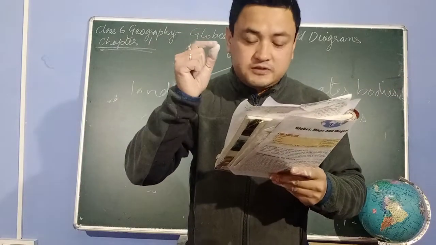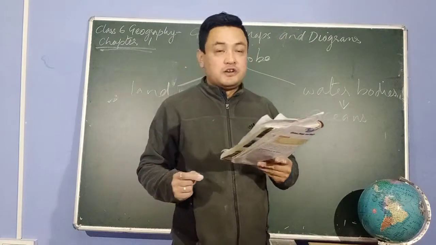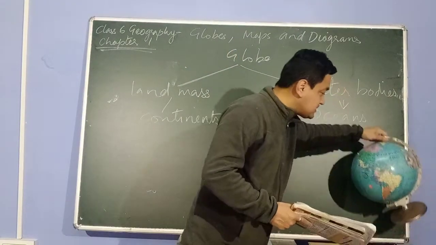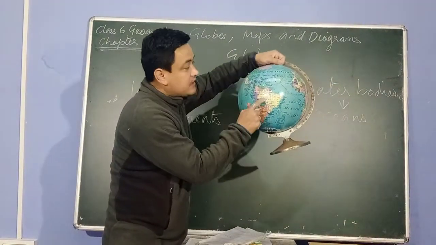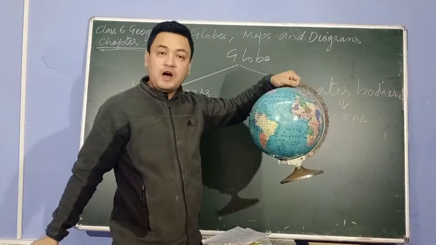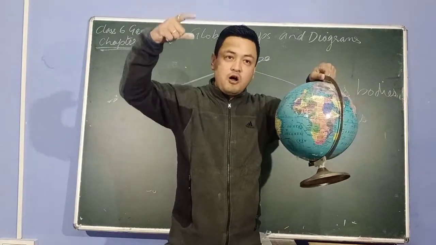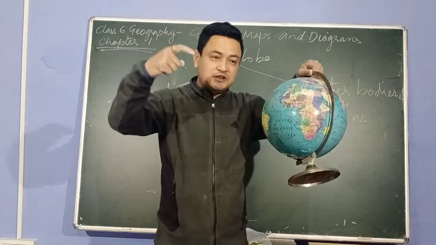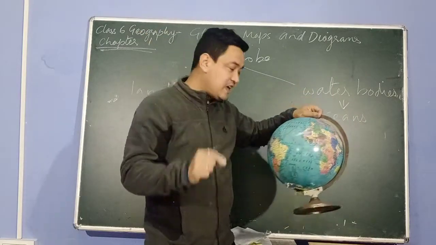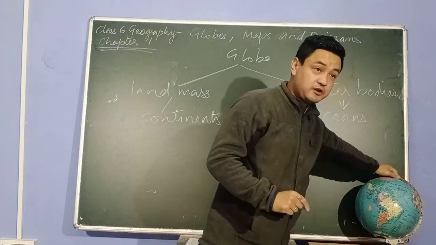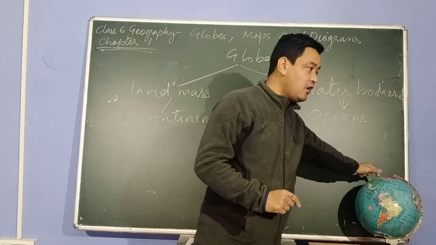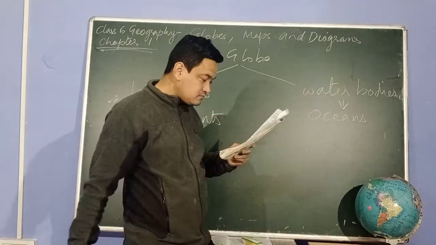But the sizes of these are shown on a reduced scale. The size of the continents as well as oceans that you find on the globe is shown as a small picture. The picture has been reduced to a small scale. A scale is used to reduce the exact picture that you find on the earth.